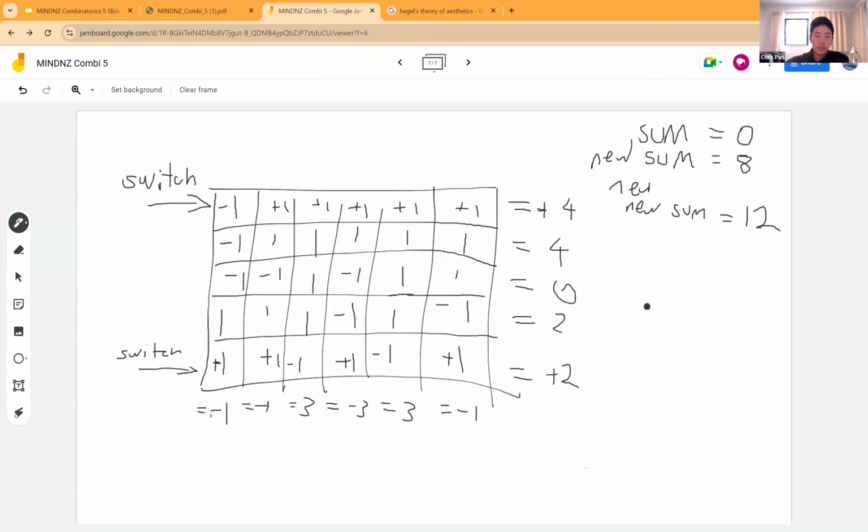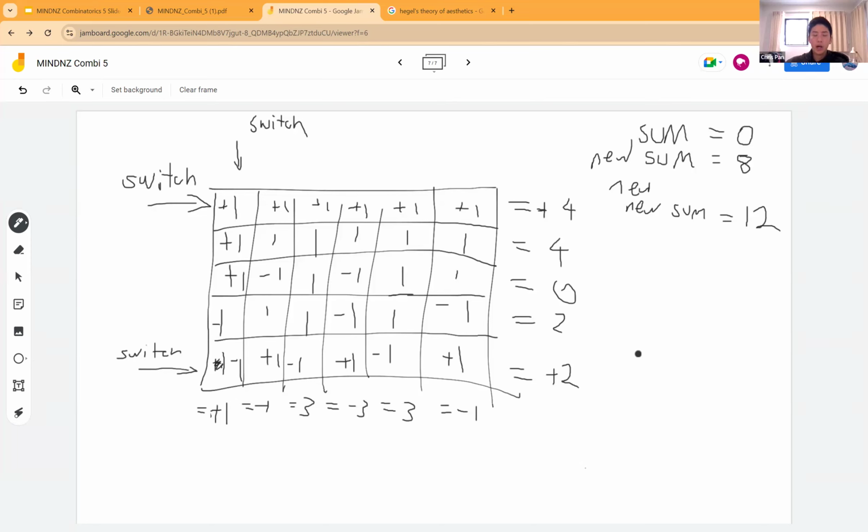Maybe there are still some negative columns. For example, this column is still -1, even after I switch all of these. So now I can apply switch here, plus, plus, plus, minus, minus, to the positive. And again, I've increased the sum by 2.